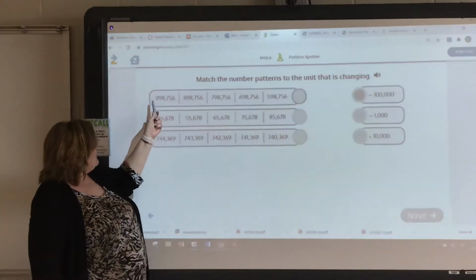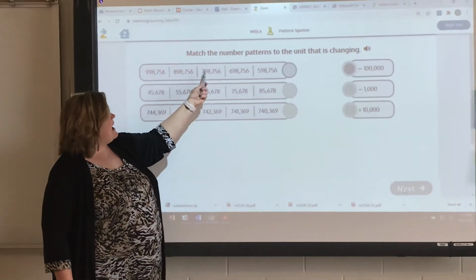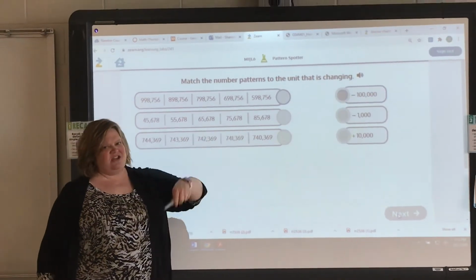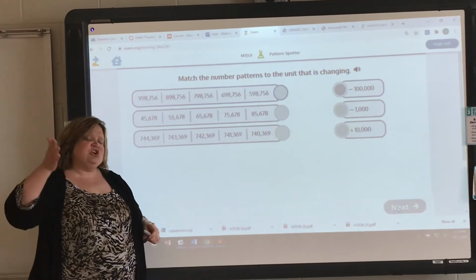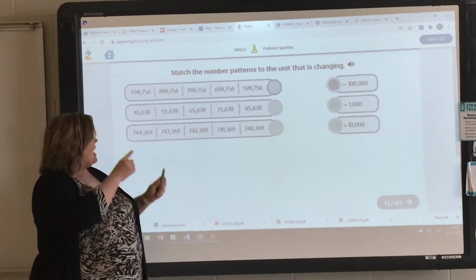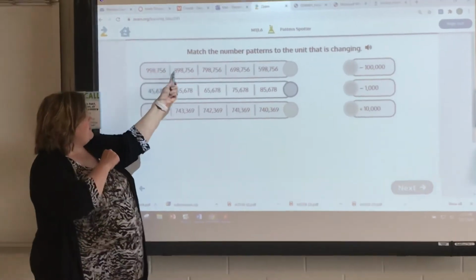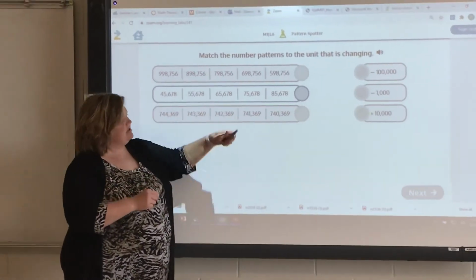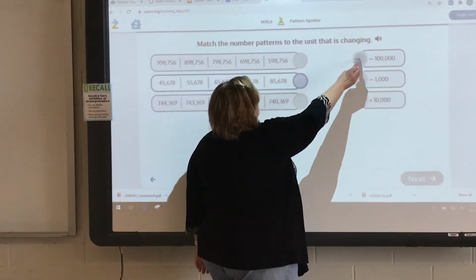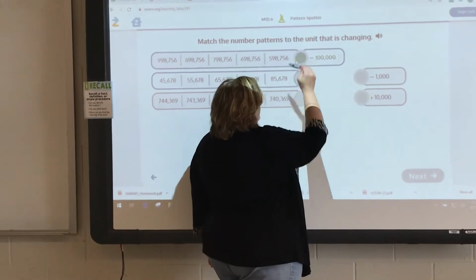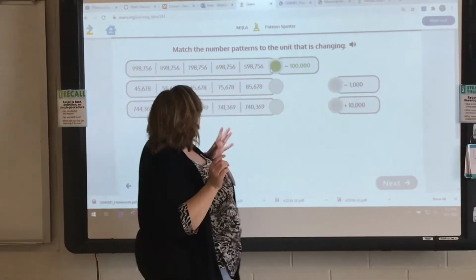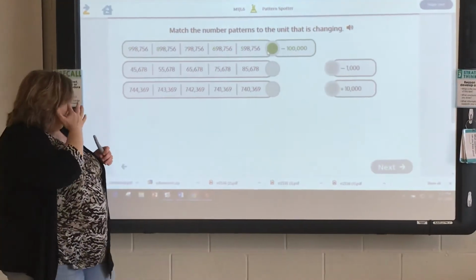Well, I can see that the only number in this pattern that changed is the 100,000, and it's going down by 100,000 each time. We're going to pull our 100,000, and I know it was kind of blinking and giving it away anyway. It likes to do that.